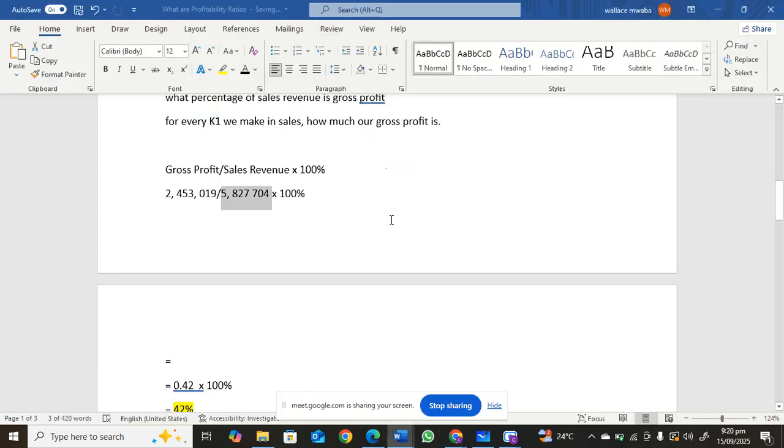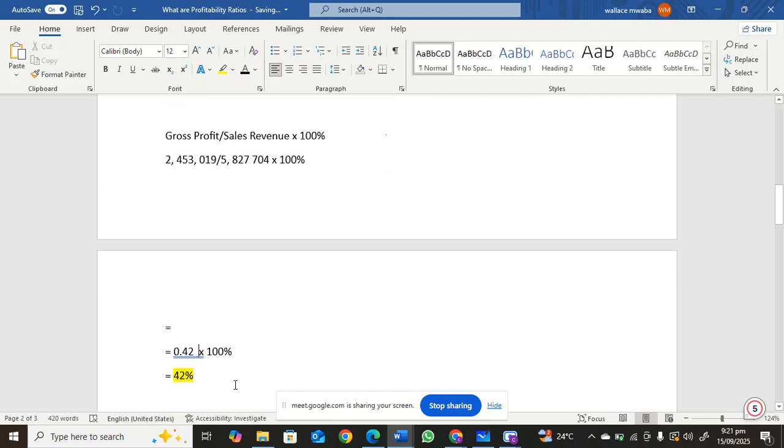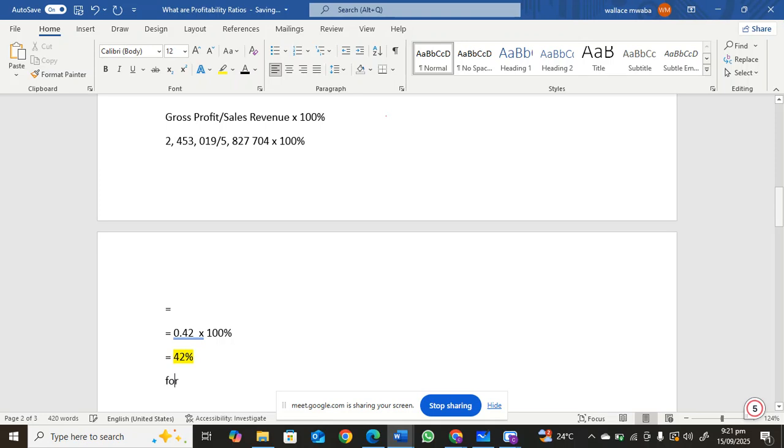Yes. As I was saying, we are interpreting this figure we've got for our gross profit margin. We're saying out of this 5,827,704 kwacha, 42% is gross profit. Then another way we can interpret it is for every one kwacha we make in sales revenue, 42 ngwe is gross profit.